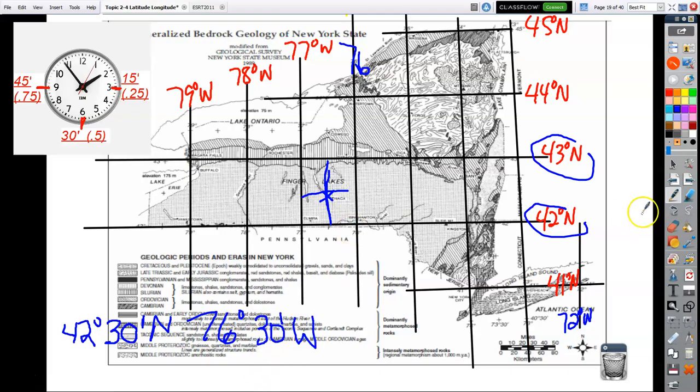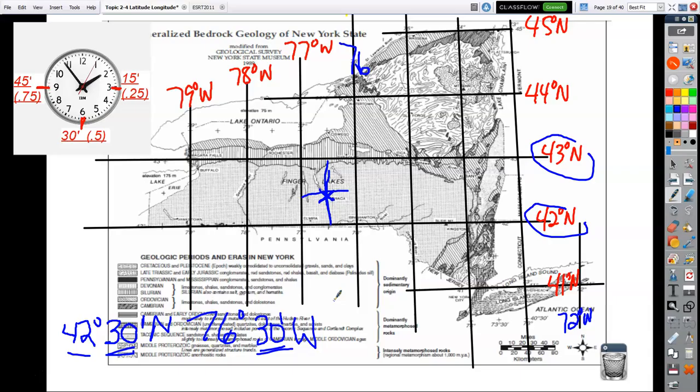Because I want that spot right there, halfway between these two latitudes and halfway between these two longitudes, I'm going to use those minutes: 42 degrees 30 minutes north, 76 degrees 30 minutes west.